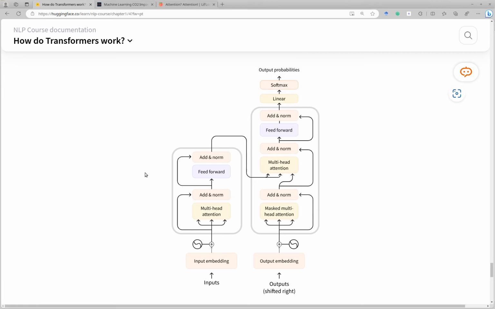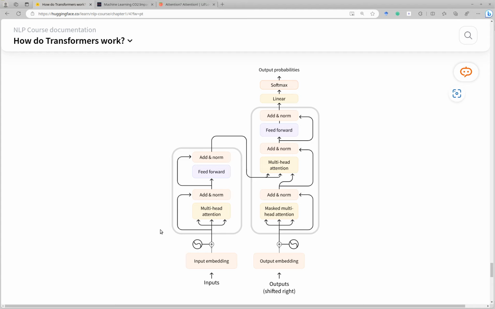We have the encoder path, and in the encoder we have inputs, and these are the embeddings of the inputs. As we all know, computers don't understand words, so embedding is the way to represent words in vector form, in terms of numbers, so that they can be easily manipulated by the model.